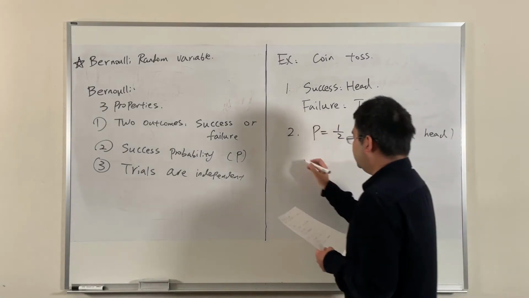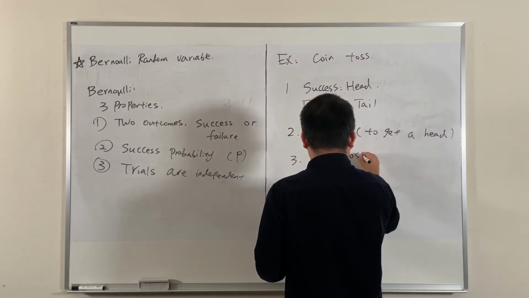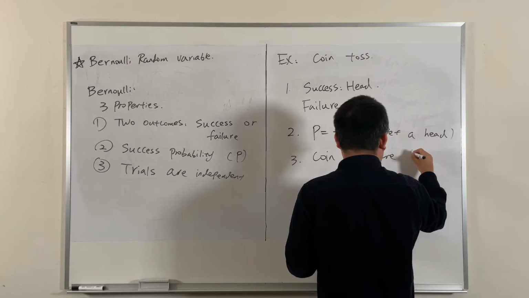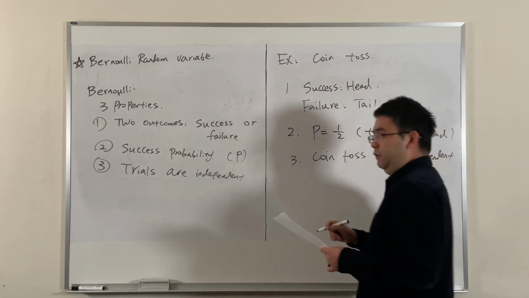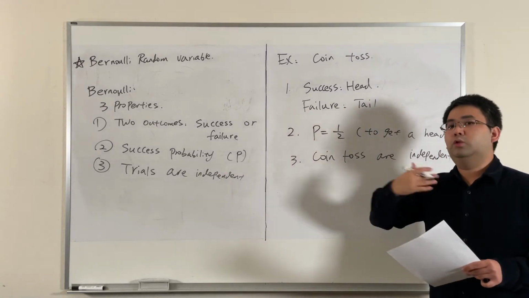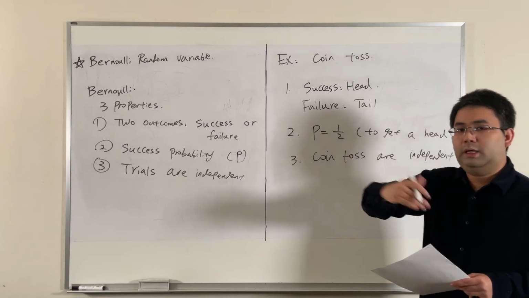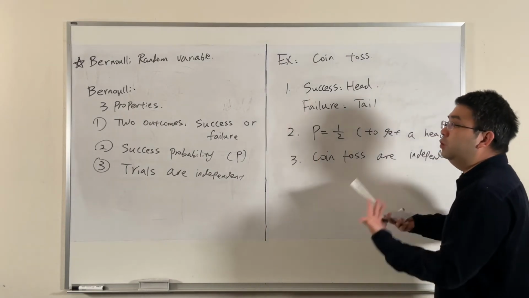Third, coin tosses are independent and random, because if you toss a coin, finish the try and do it again, it's totally independent from the previous one and the one after. So a coin toss is a good example of a Bernoulli random variable.